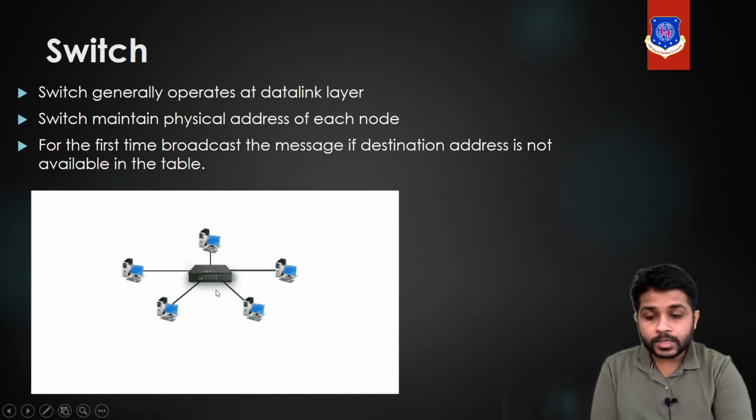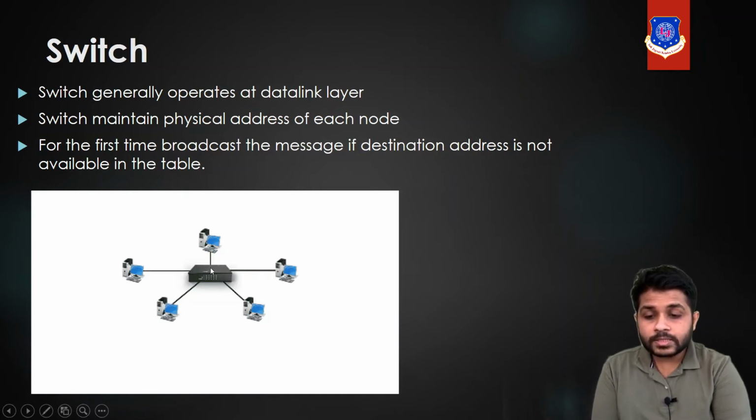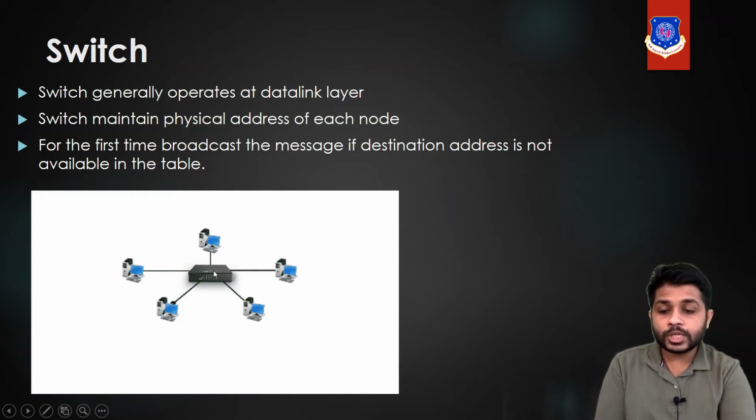By knowing this, the switch can easily forward the packet. For example, if this device is sending data to this device, when the data is received by the switch, from the data the switch can understand to which device the data should be forwarded. And how does it know? By using the switching table.